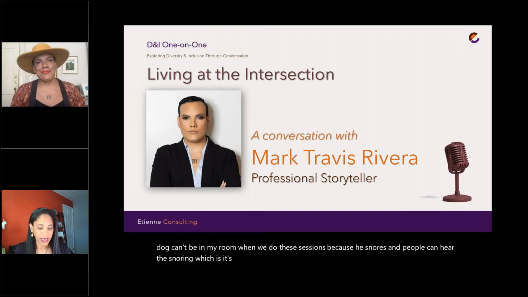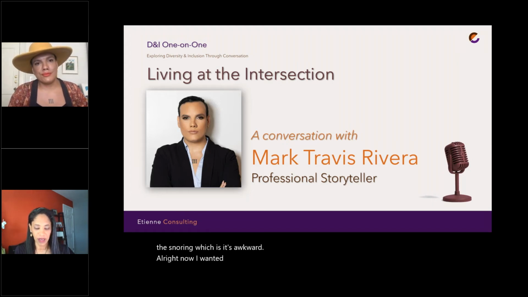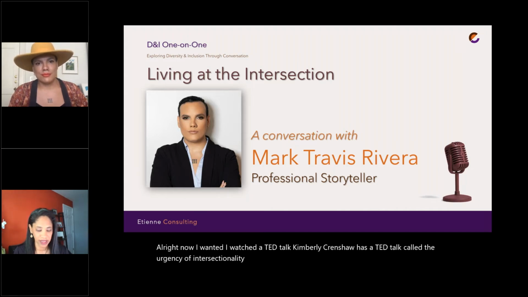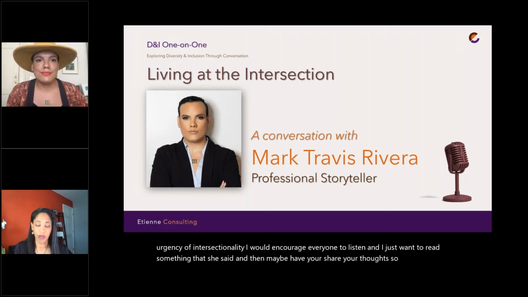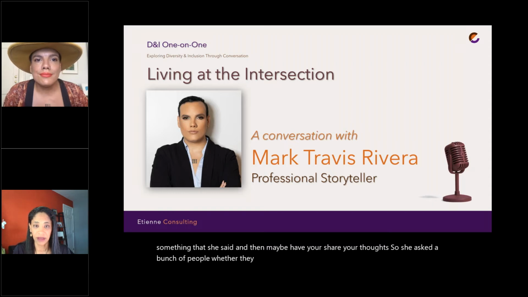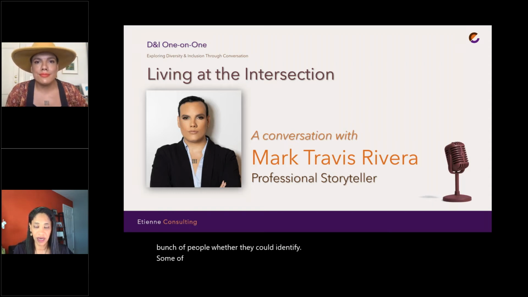All right, now I watched a TED Talk. Kimberly Crenshaw has a TED Talk called The Urgency of Intersectionality. I would encourage everyone to listen. And I just want to read something that she said, and then maybe share your thoughts. She asked a bunch of people whether they could identify some of the names, and she listed off a bunch of names.